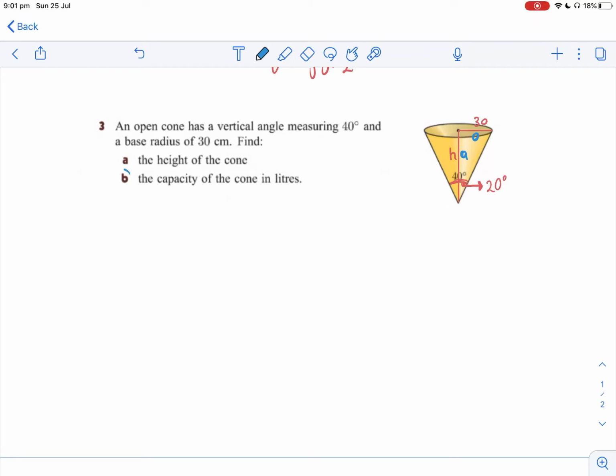Part B then says find the capacity of the cone in litres. Because you're working in centimeters, what you'll need to do is find the volume of the cone in centimeters cubed, and then, no, sorry, that's wrong. 1,000 centimeters cubed is actually equal to 1 liter.